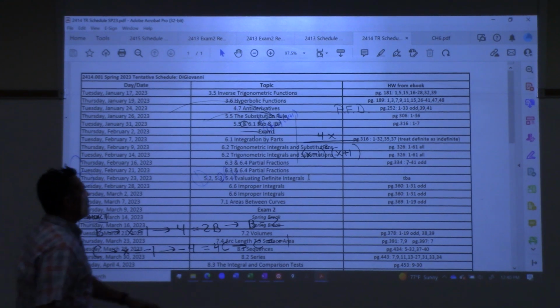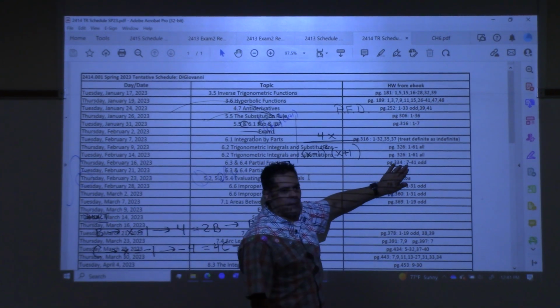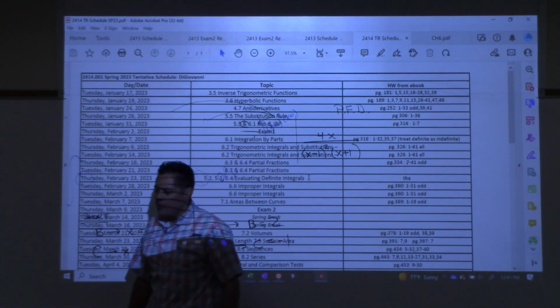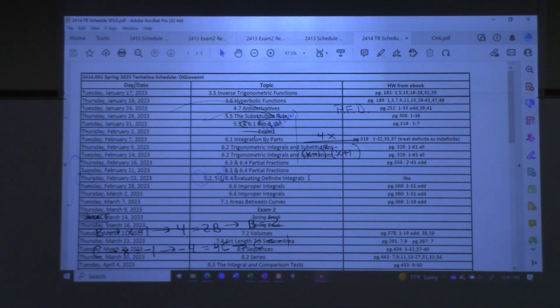So I would say for the partial fractions, maybe look at the first half of this section. It's 7 through 41 odd. Maybe look at 7 through 21 for today and next class. See if you can get your hands dirty with it. Odds. It says odds.